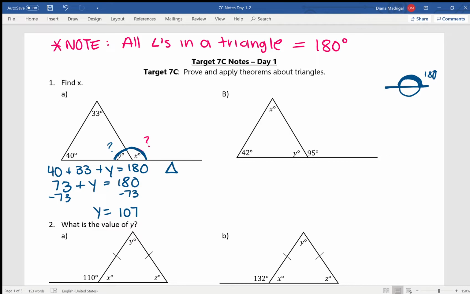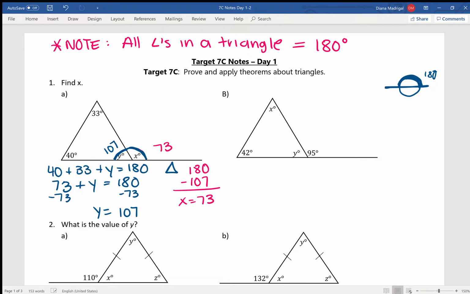So this is not a question mark anymore. This is 107. And remember, I had to figure out x. Now that I know y is 107, I can figure out x by subtracting from 180, because x and y make 180. So 180 minus 107, x equals 73.